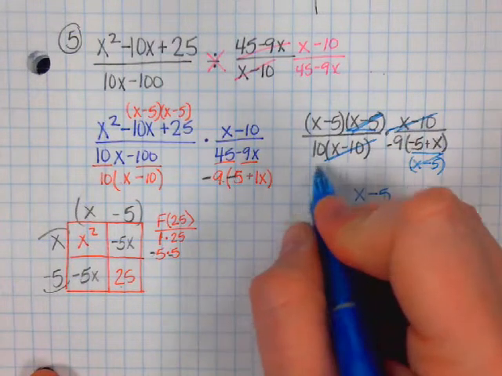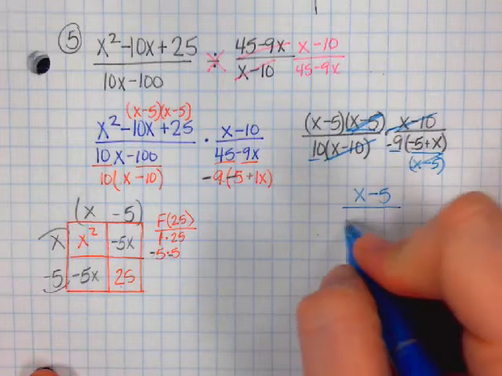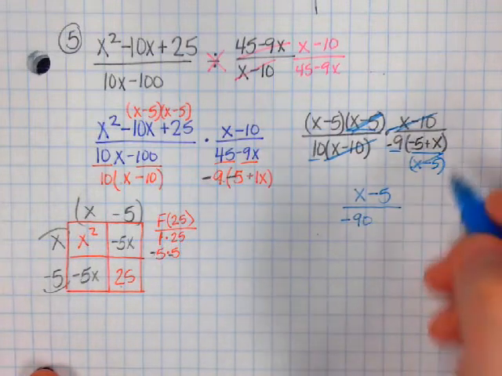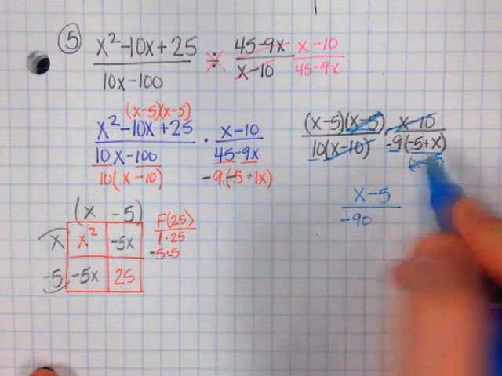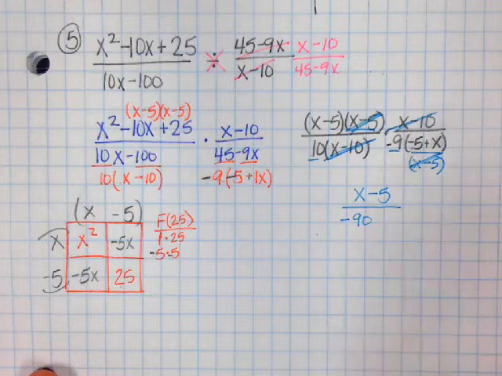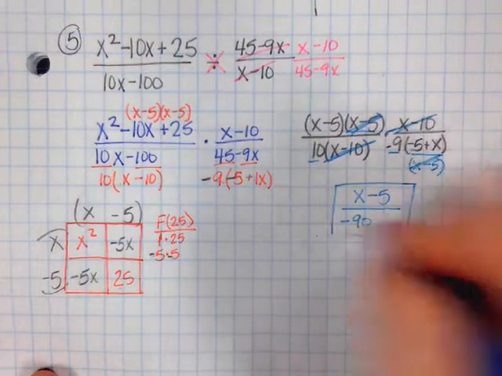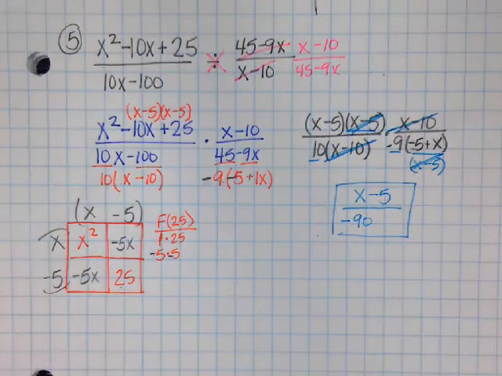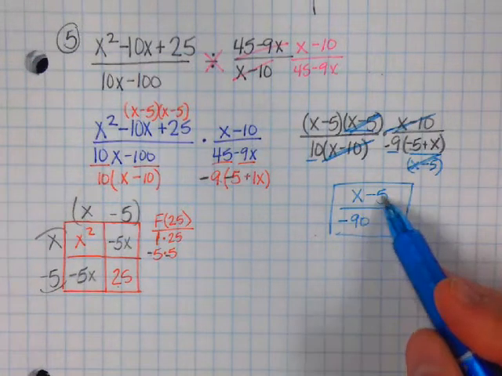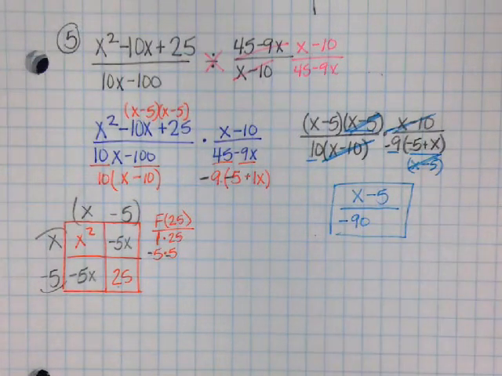So then we have x minus 5, I'm just taking everything that's on the top, over, we have 10 times negative 9. 10 times negative 9 would be negative 90. And then this canceled and this canceled, so that's it. So that would be my final answer.